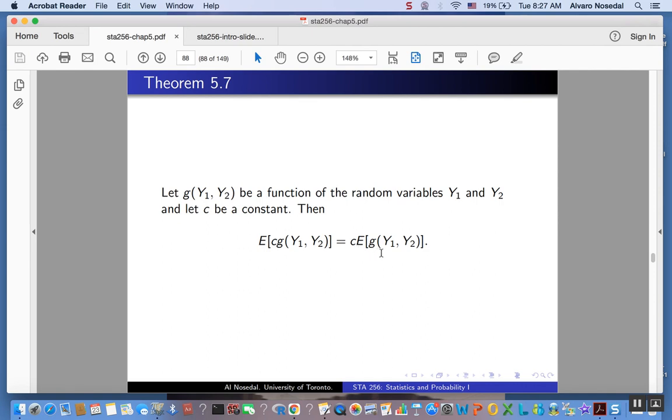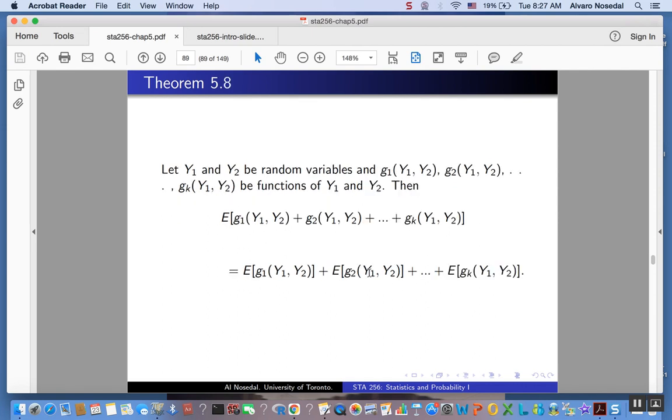And again, the proof relies on the linearity of double integrals. We know that double integrals are just doing an integration twice, being careful with the lower and upper limits of those integrals. Again, the proof is extremely similar to the one we did together when we talked about random variables, the univariate case.